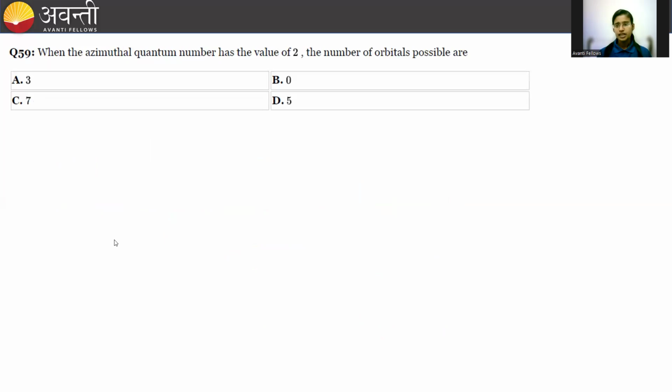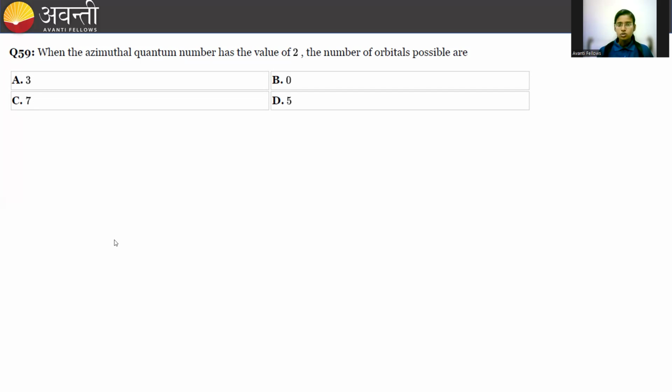Question number 59. When the azimuthal quantum number has the value of 2, the number of orbitals possible are. So now the azimuthal quantum number value is given. We have to find out the number of possible orbitals.